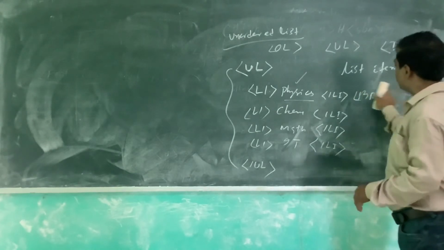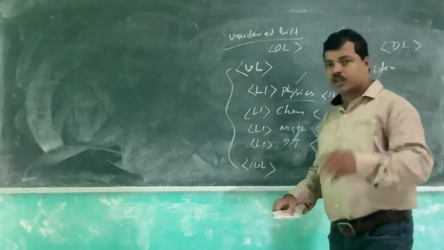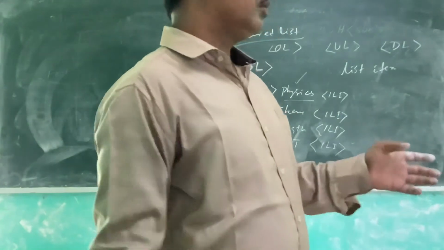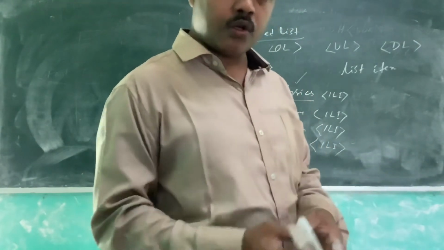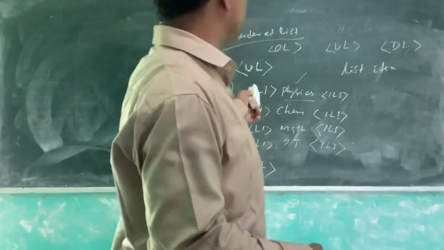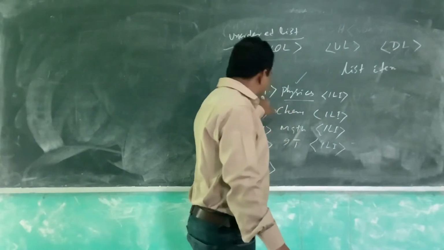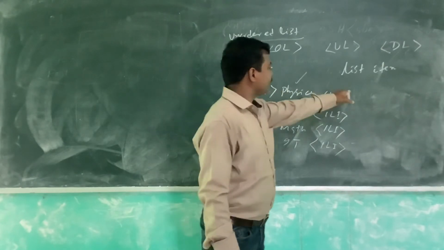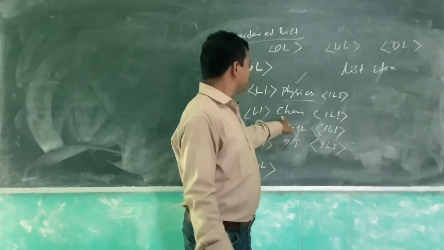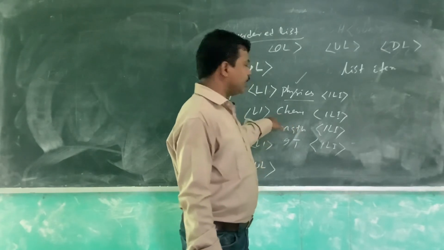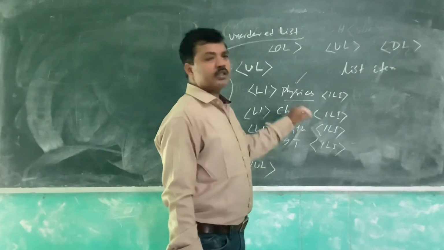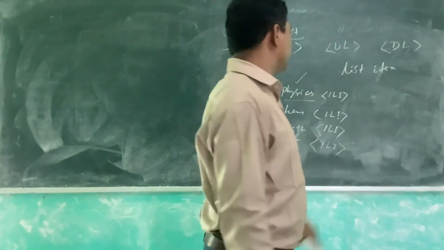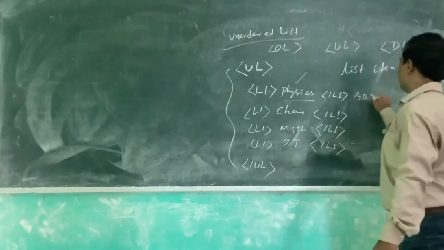As we have previously done, without giving break commands, the items were shown in one line, but here as the LI tag is already used, it automatically shows the next item below, that means in the next line.